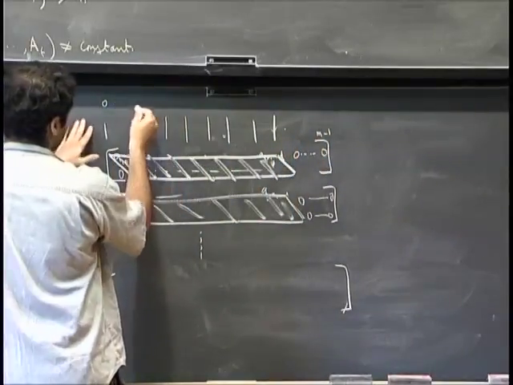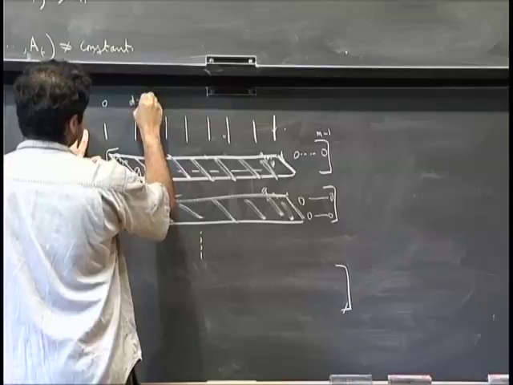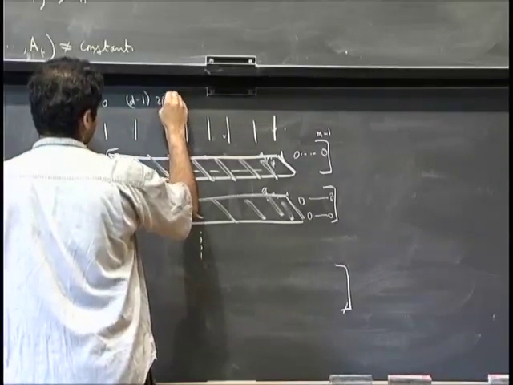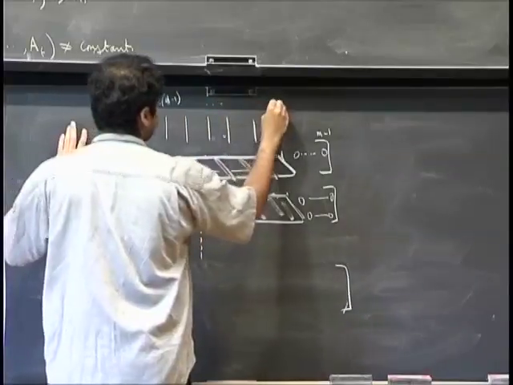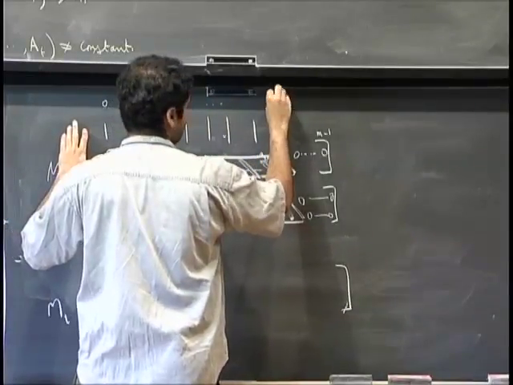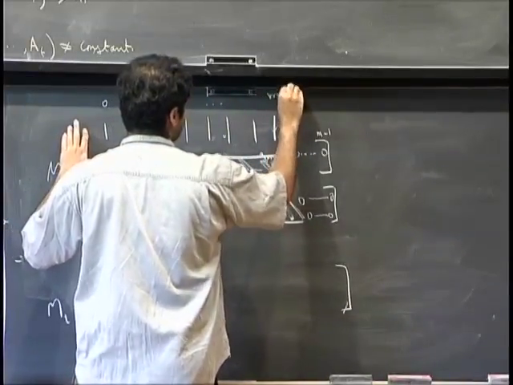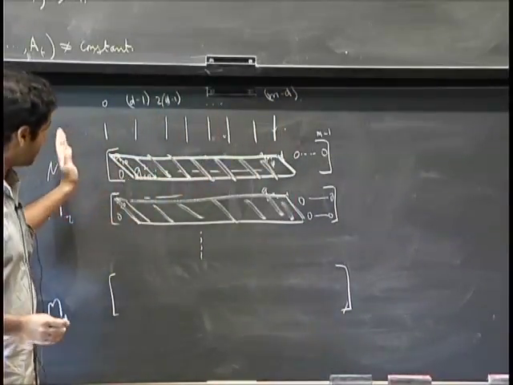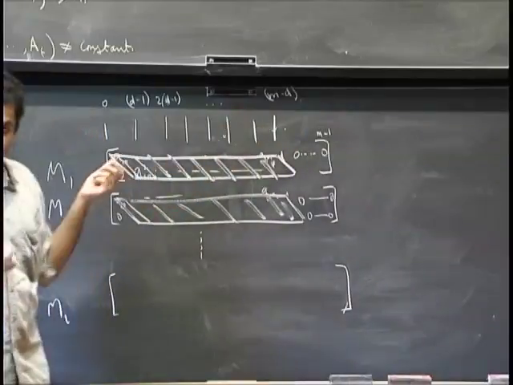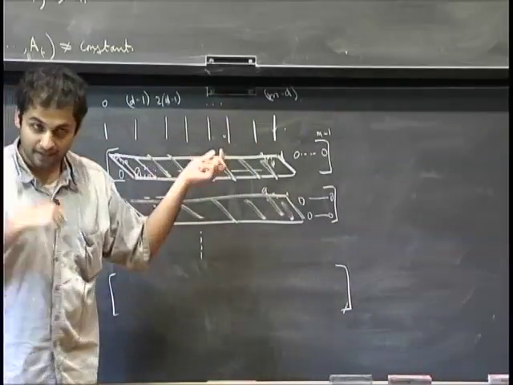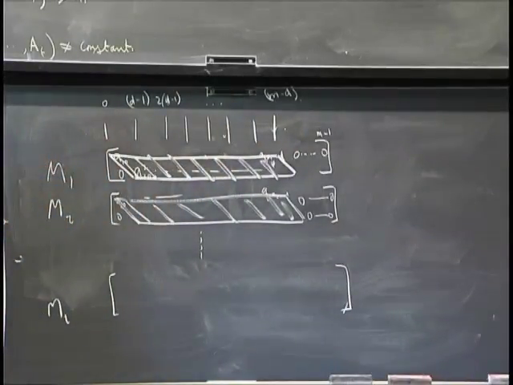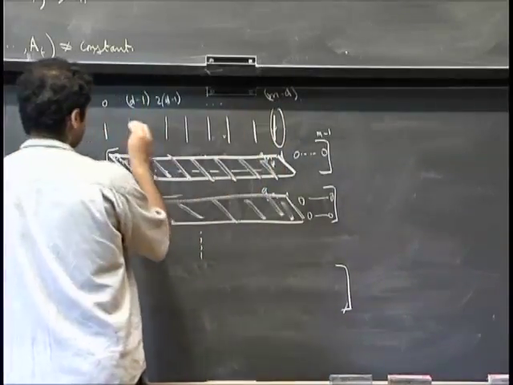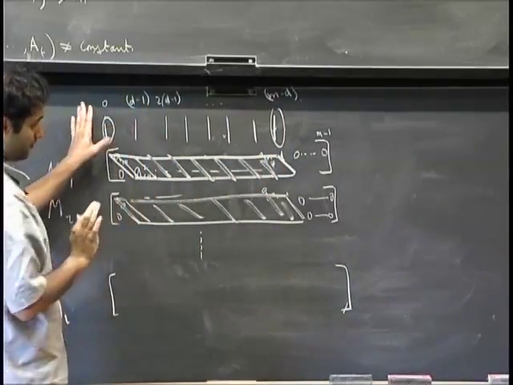So this is 0, this is d minus 1, this is 2 times d minus 1, and this is the point, probably m minus d. So I pick evenly spaced points from 0 up to m minus 1 with spacing d roughly. Okay, and B1 is going to be the set of this and this.